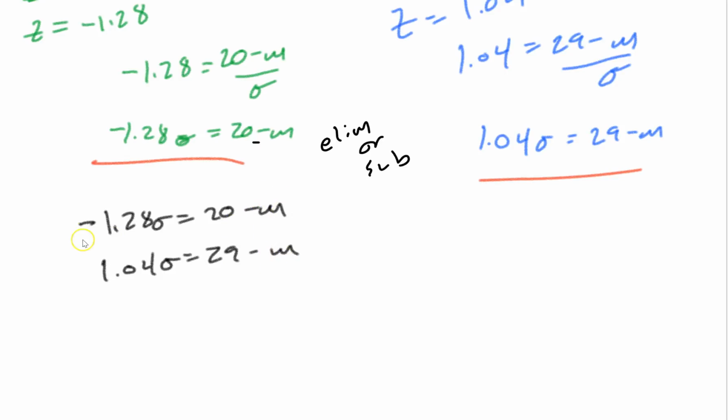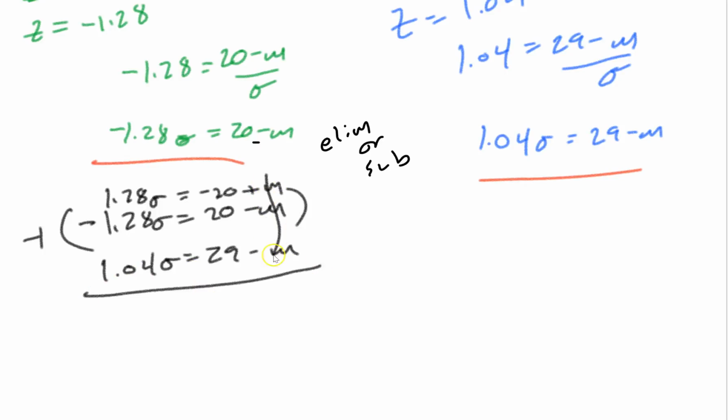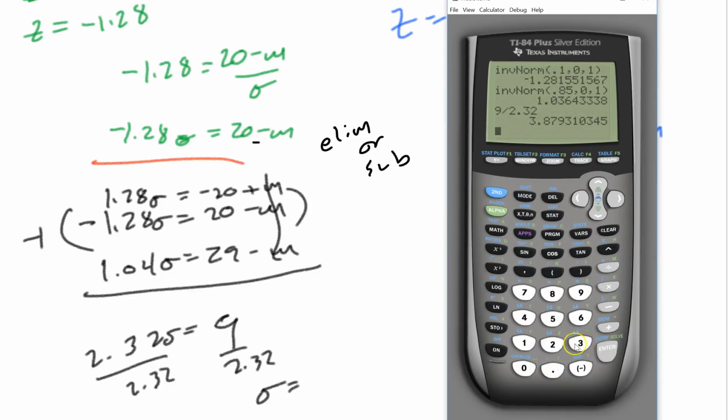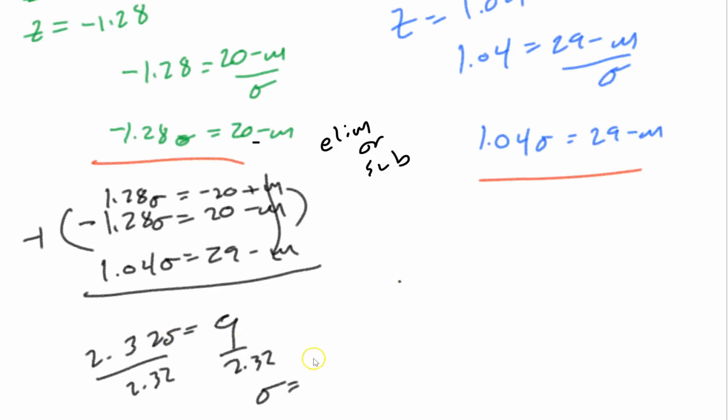If I want to try to get rid of the mu's, I'll multiply one of these by negative 1. So I get 1.28 theta equals negative 20 plus mu. These cancel. I get 9 equals 2.32 theta. Divide by 2.32, and you get the standard deviation is 9 divided by 2.32, which is 3.88. 3 sig figs.